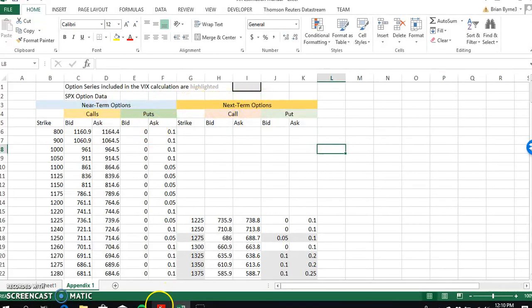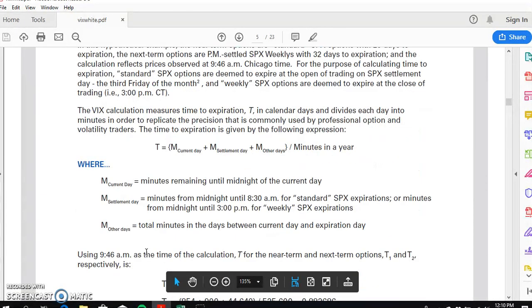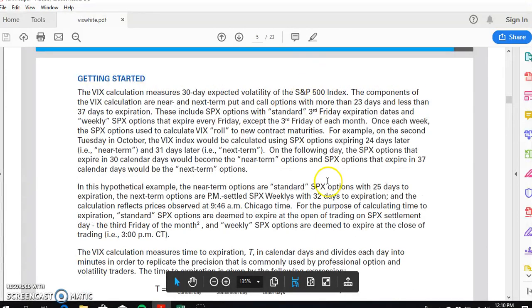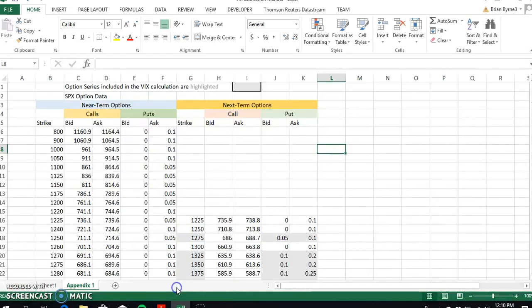So we mentioned that there was the 32-day contract and the 25-day contract. Well, this is the 32-day contract, this is the 25-day contract. What do we have in terms of our data? We have different strike prices.